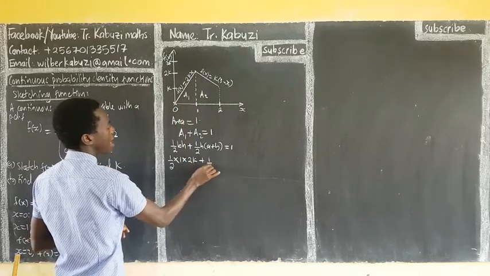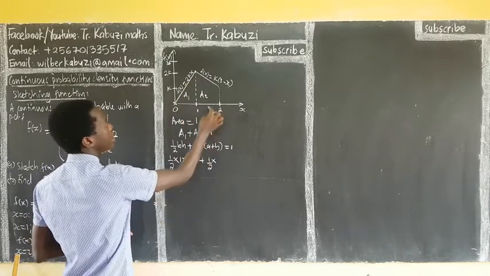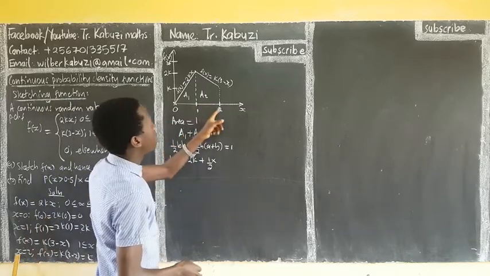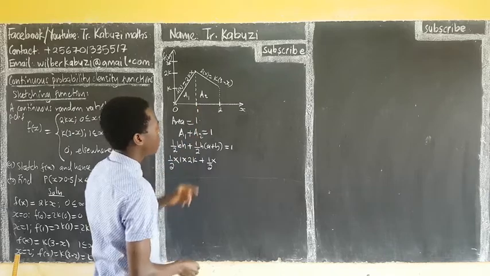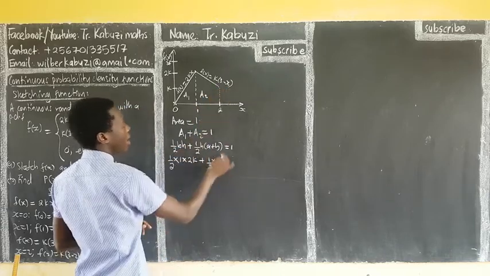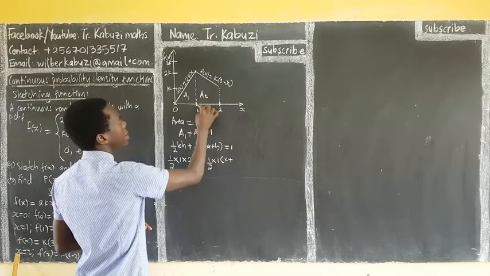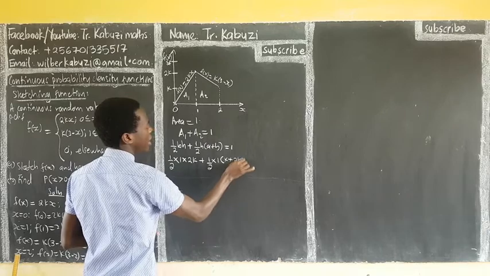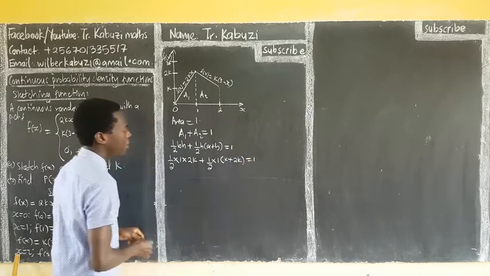Then plus a half times the height. Our height for the trapezium is from here up to here, so 1 into A, which is k, plus B, from here up to here, which is 2k. All of this will give me 1.